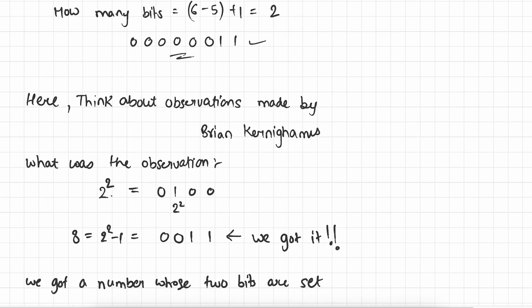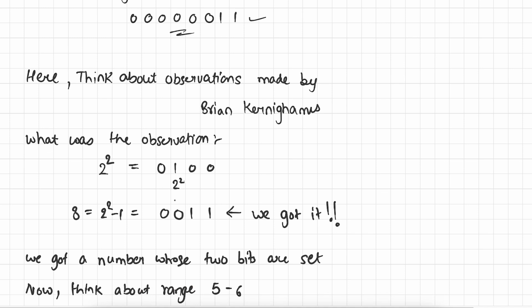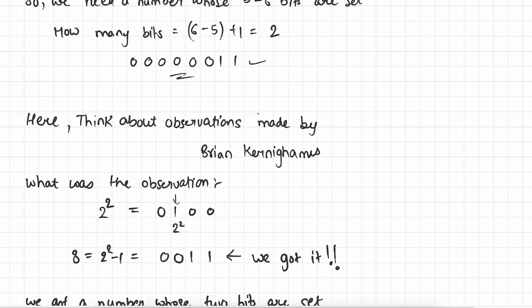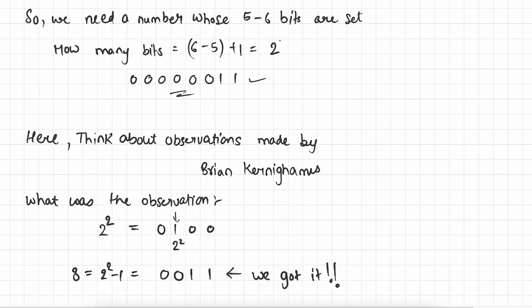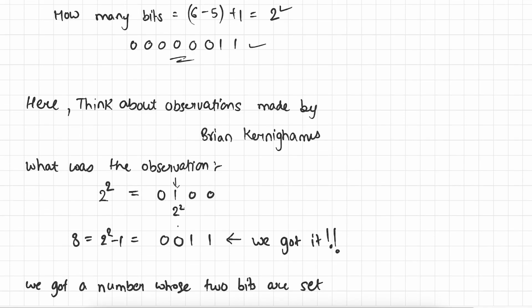So when we do power of 2 with that number, we get a number, and if we subtract 1 from this number, we get a number where this bit gets unset and all the bits before this bit are inverted, right? So we get 0011. So this is what we are looking for. So we got our number where 2 bits are set. And how did we get it? Using Brian Kernighan's observation. So if we find power of 2 with respect to this number, we simply have to subtract 1 from it, and we get our number.